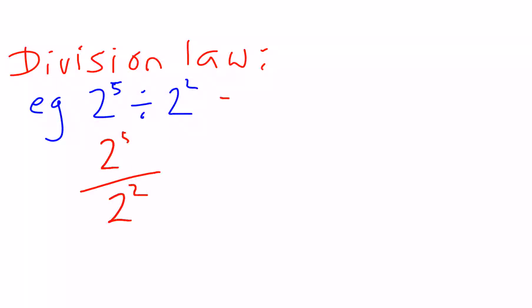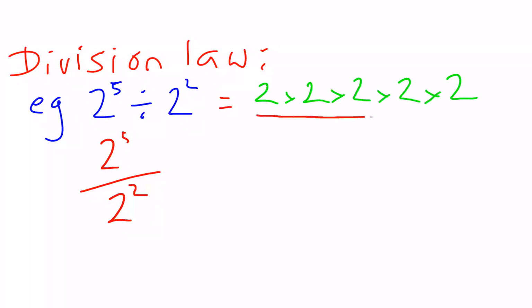If I expand that out, I have 2 to the power of 5, 2 times 2 times 2 times 2 times 2, divided by 2 squared, which is 2 times 2. Now we know from things we've done before that I'm allowed to cancel in a fraction.